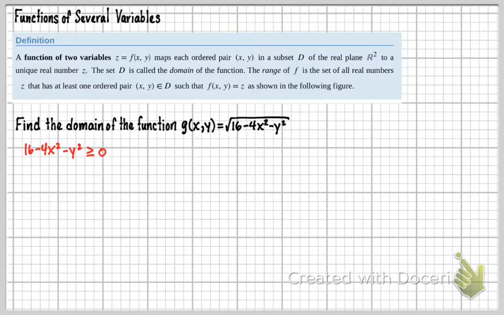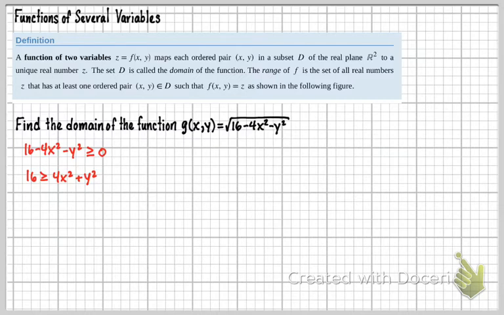And from here, I can solve this inequality, in a way. Not completely. I'm going to move the 4x squared and the y squared over so that they can both be positive. So I have 16 greater than or equal to 4x squared plus y squared.